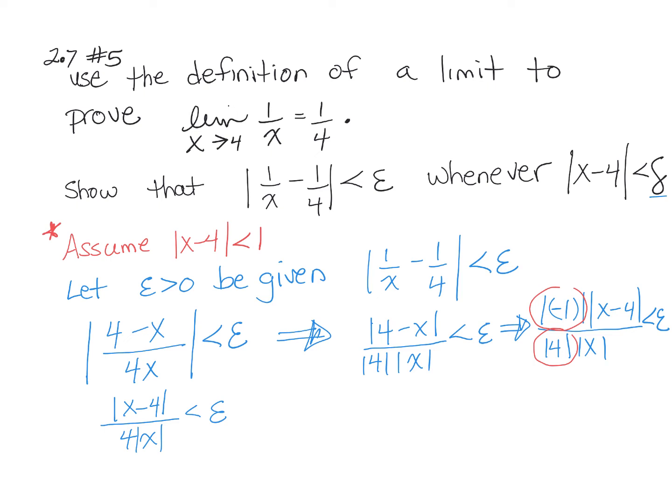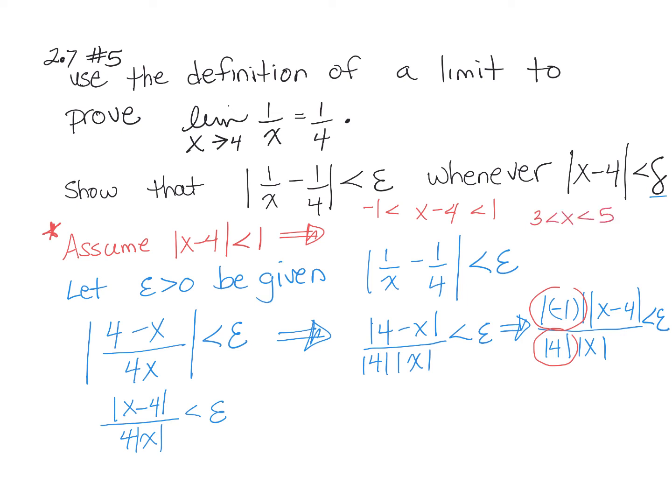Okay, so now let's go back to our assumption up here and solve this inequality. So we're going to say x minus 4 is less than 1, greater than -1. I'm going to add 4 to each side, so we're going to get 3 is less than x is less than 5.